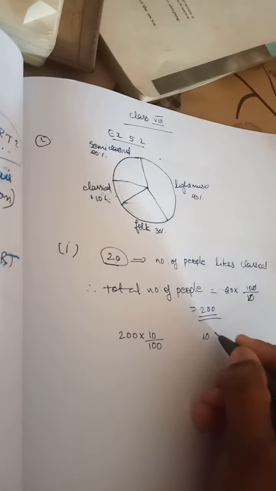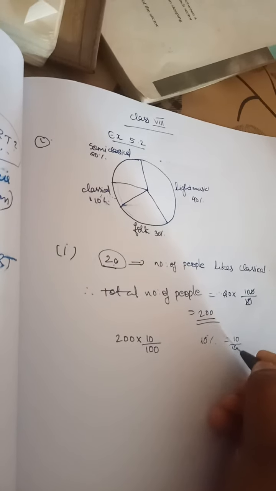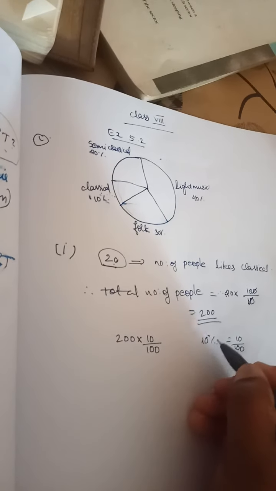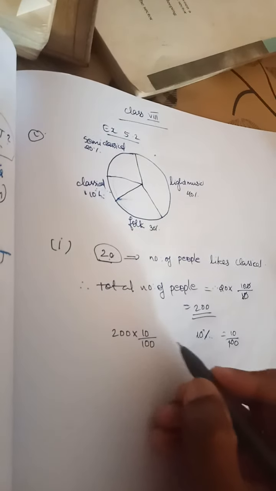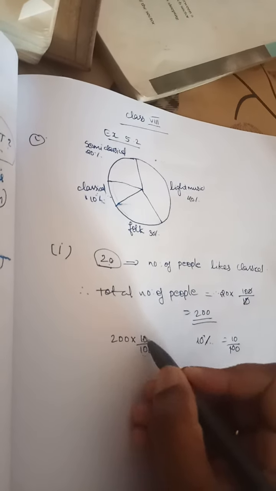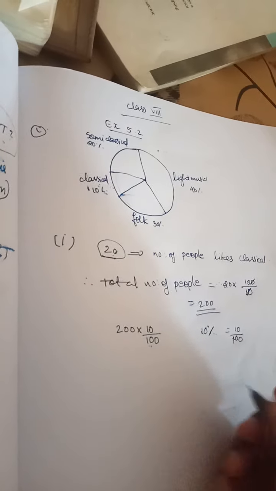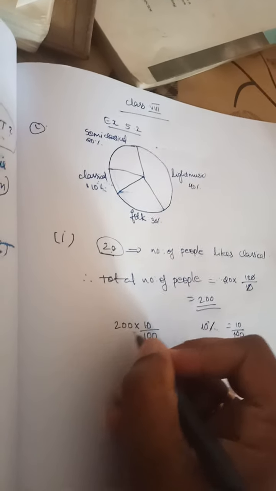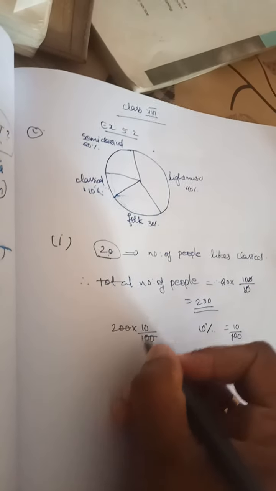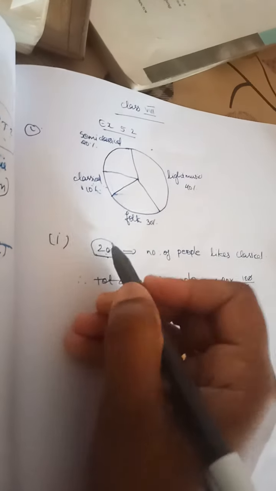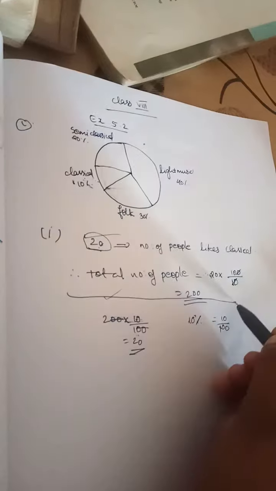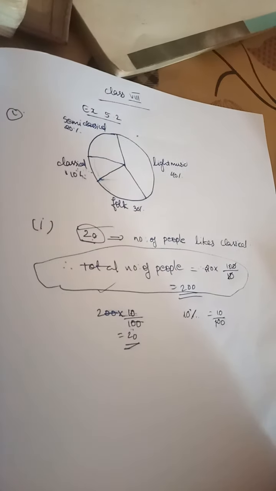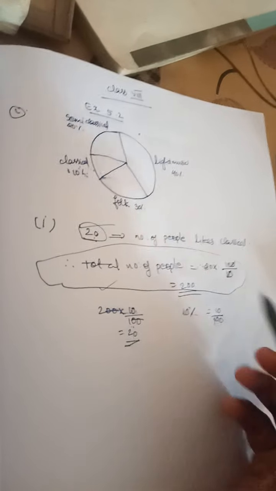We can write 10 percentage as 10 divided by 100, then we can remove the percentage sign. Cancelling these two, 2 into 10 is 20. So 10 percentage of 200 is 20. This is the first answer: total number of people is 20 into 100 divided by 10.